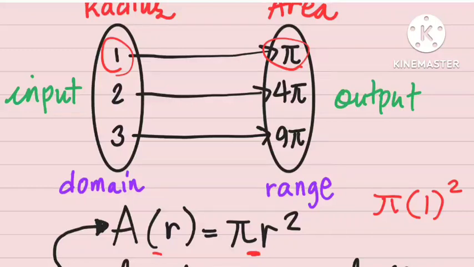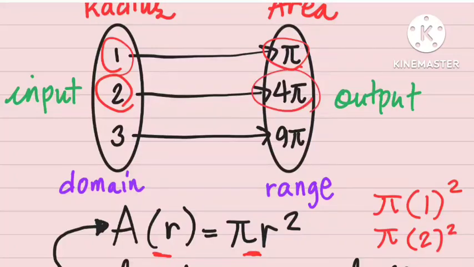Again, if we substitute 2, we input 2 to the formula, to the rule, A of r is equal to pi r squared, we will obtain an area of pi times 2 squared, which is equal to 4 pi, and so on.